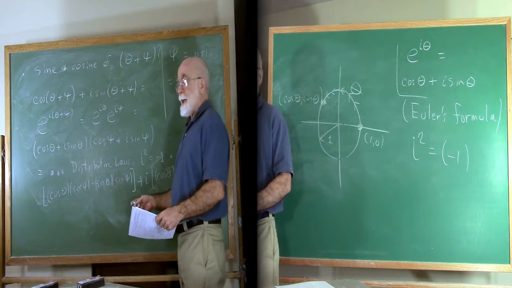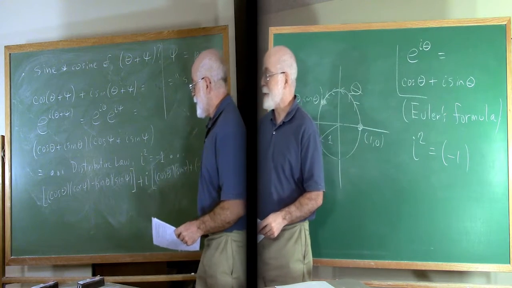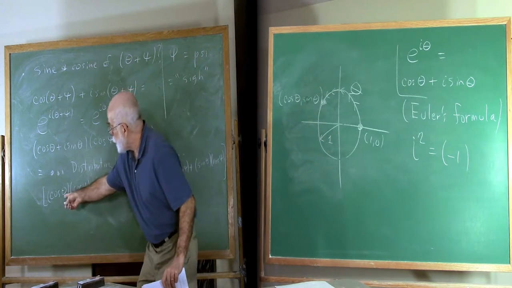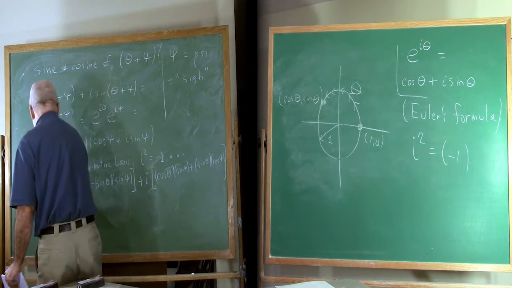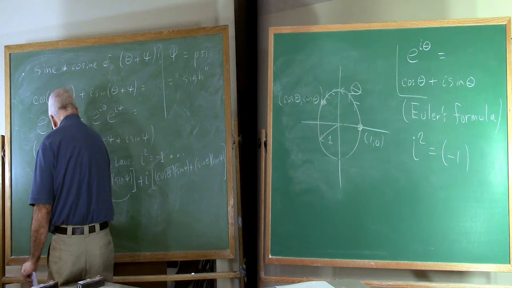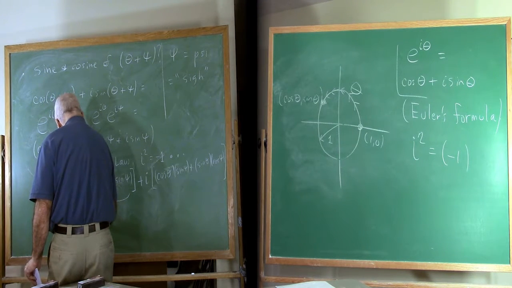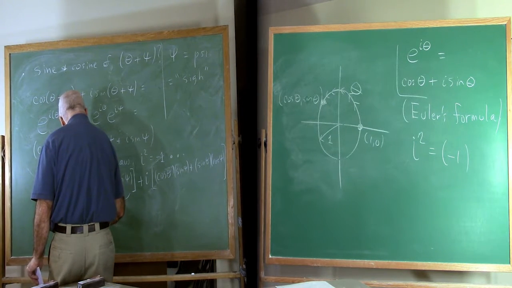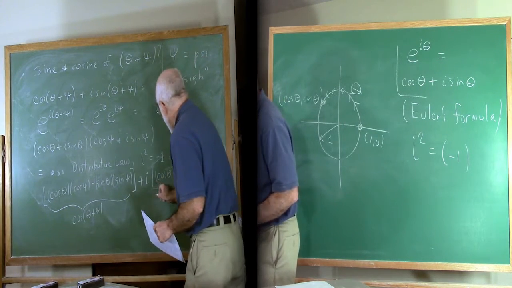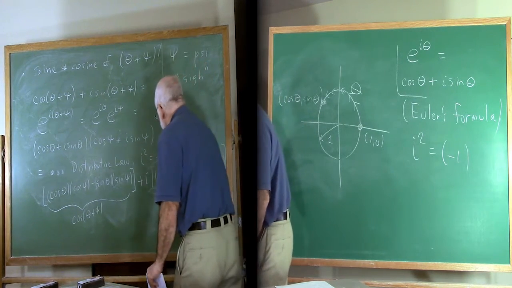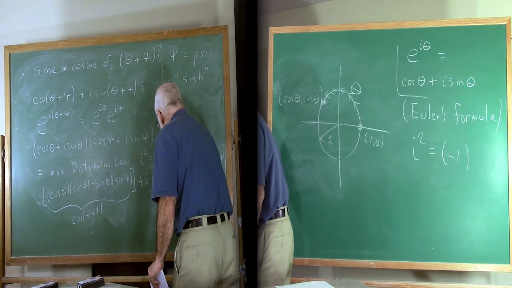So again, you're getting 2 things simultaneously. All this stuff here, that's the cosine of theta plus psi. All the stuff in the second set of brackets, that's the sine.